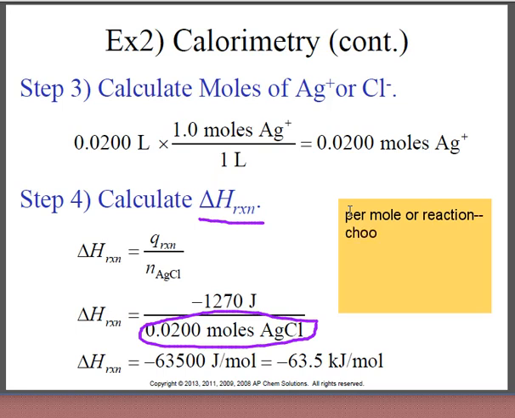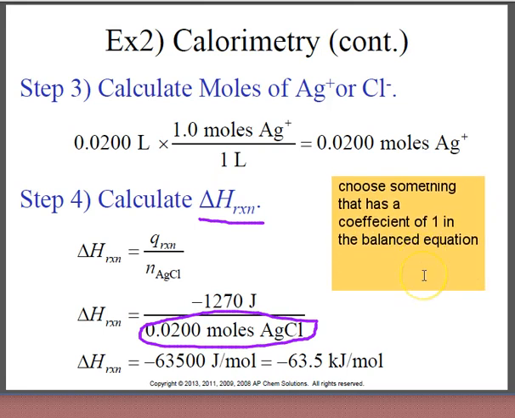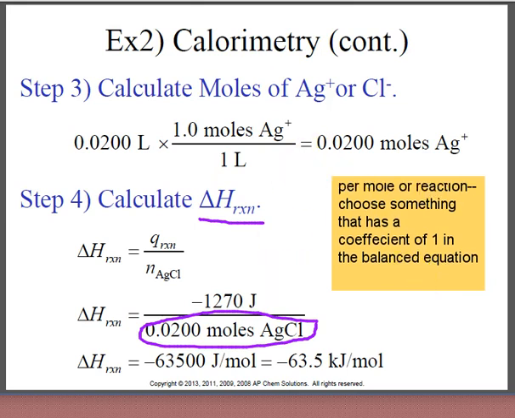So you need to choose something that has a coefficient of 1 in the balanced equation. Okay, that's your first note when you're doing the per mole. If nothing has a coefficient of 1, or if the thing you're choosing doesn't, then divide by the coefficient.